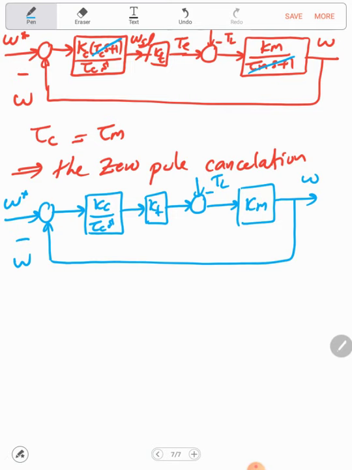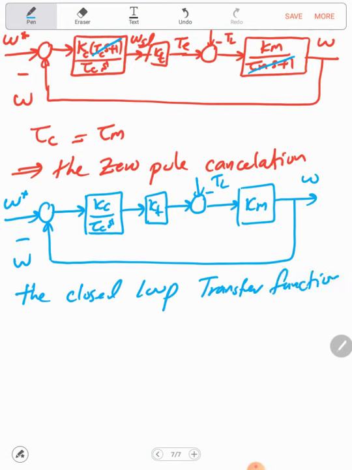Now to find the closed loop system, it's very simple. It's actually a cheesecake, easy to be eaten. So simply, if I need to find the closed loop transfer function, we don't need to go to Mason here. It's a very simple block diagram. It's actually the famous feedback connection.